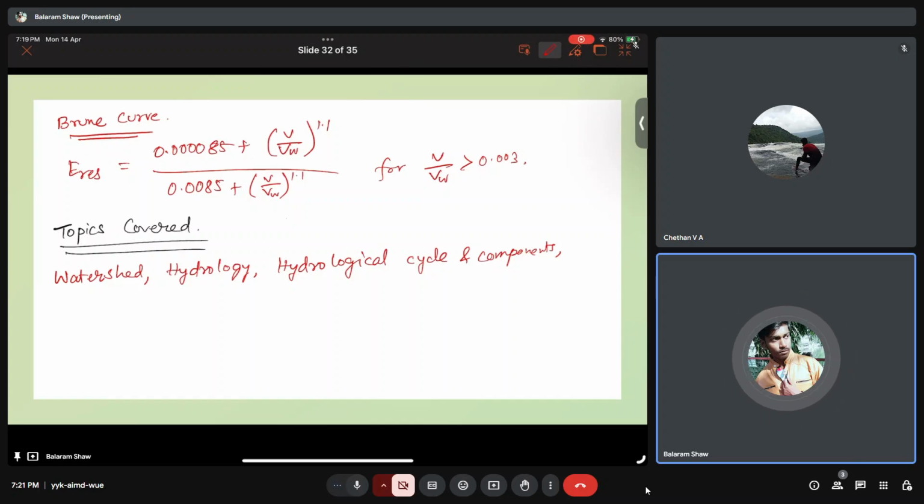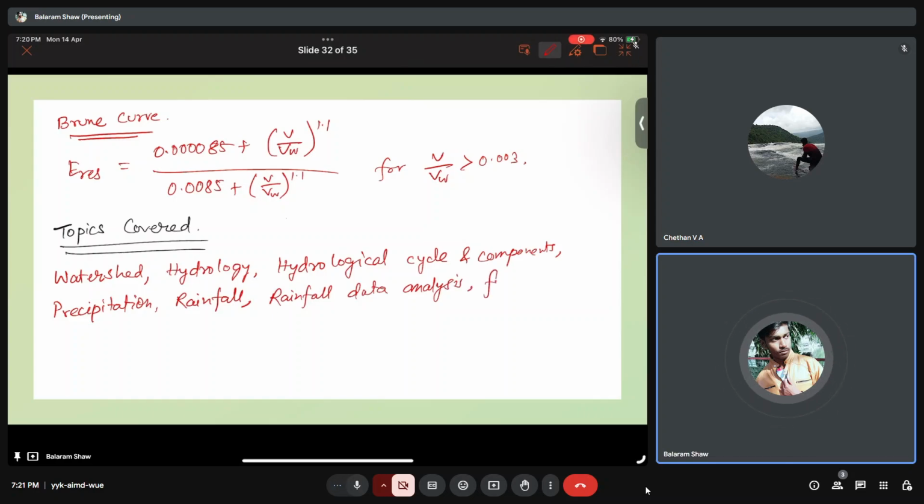So all those, right? So then we started with each of the components like precipitation. We have talked about rainfall, like what is precipitation, how we can measure that. Right. Then we have seen the rainfall data analysis, like using the rainfall data, how we can analyze that data to get some information, right?